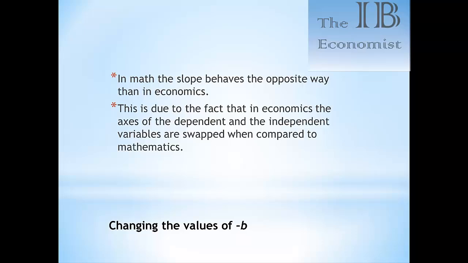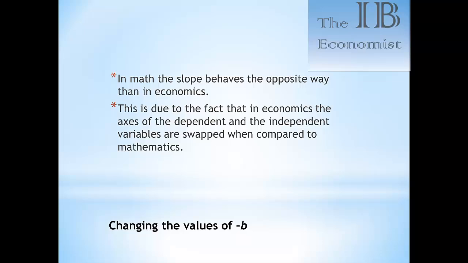In mathematics, the independent variable x is on the horizontal axis and the dependent variable y is on the vertical axis, while in economics, our independent variable p is on the vertical axis and our dependent variable q is on the horizontal axis. This change was originally made by the economist Alfred Marshall when he was deriving mathematical equations with which to represent demand, supply, and overall changes in the market.